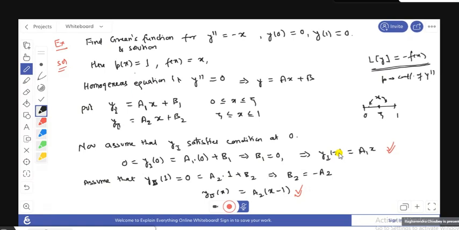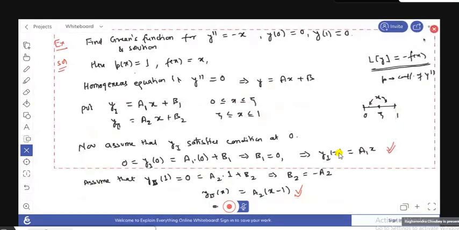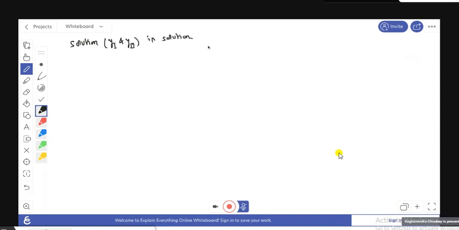Okay, so in the next page, the solution means y1 and y2. The solution is continuous at x equals xi.